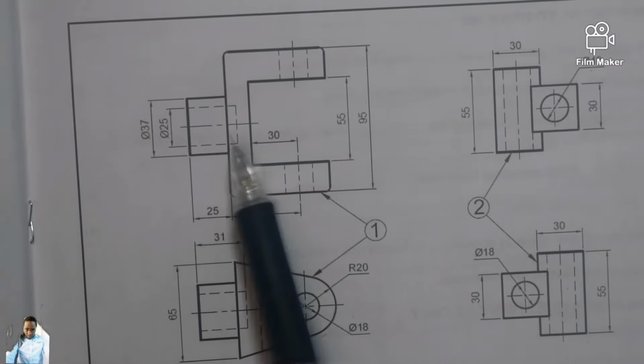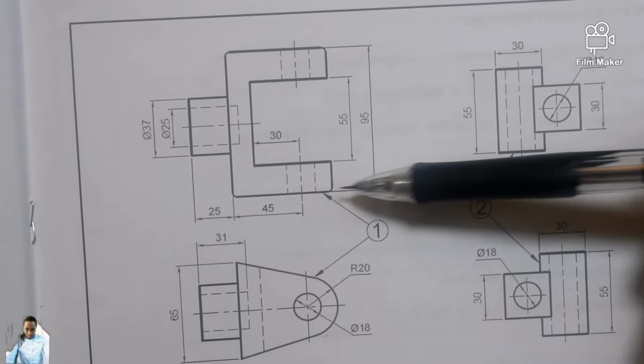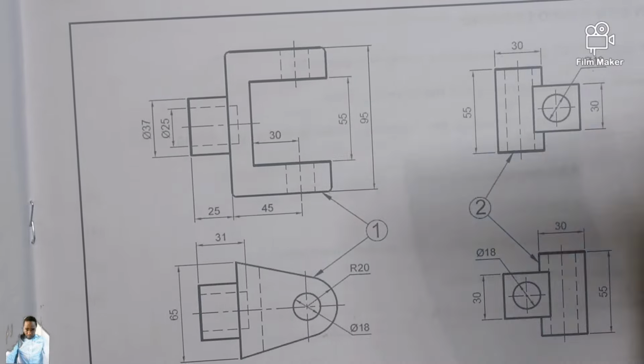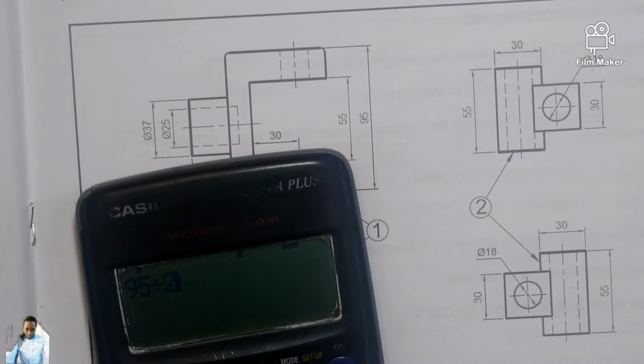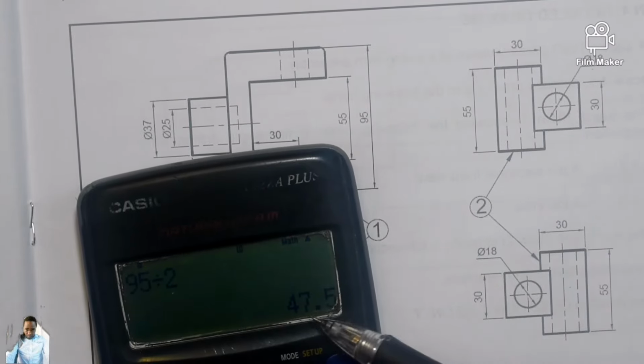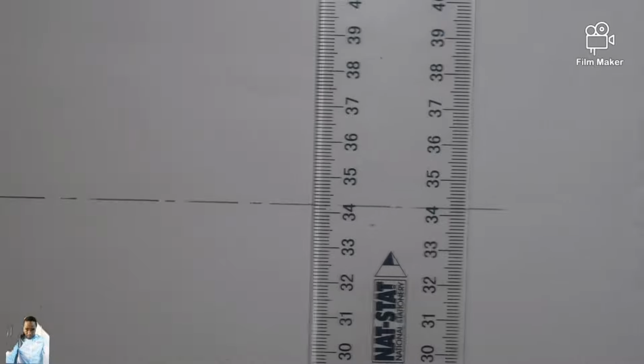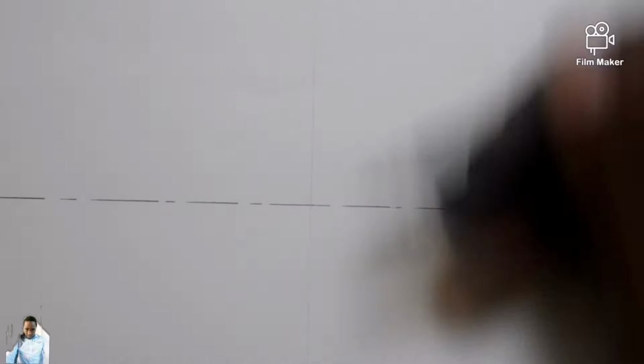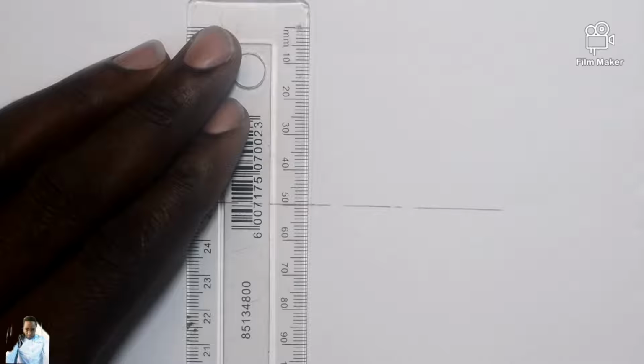Item 1, this one. Now I can say, because from here till there is 95 millimeter, 95 divided by 2 is 47.5. You understand? To get that, I have to record the dimension on top of the constructional line, which is correct in terms of vertical or horizontal.